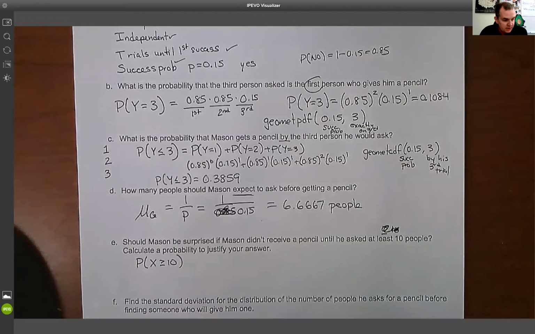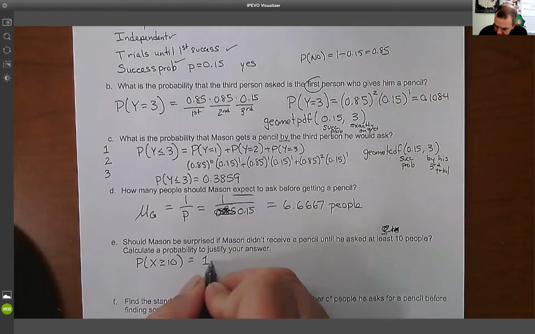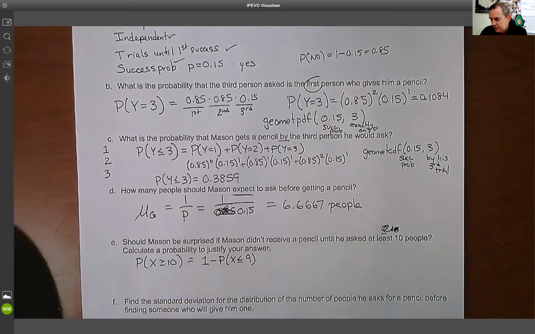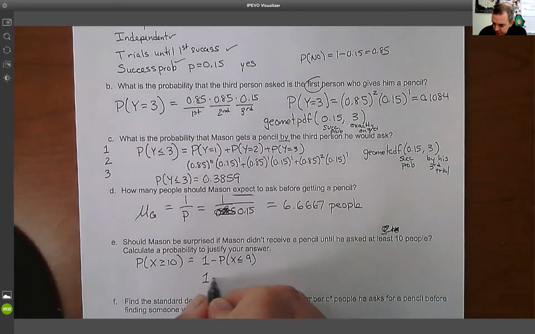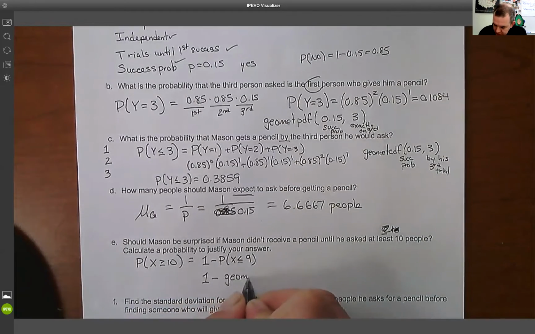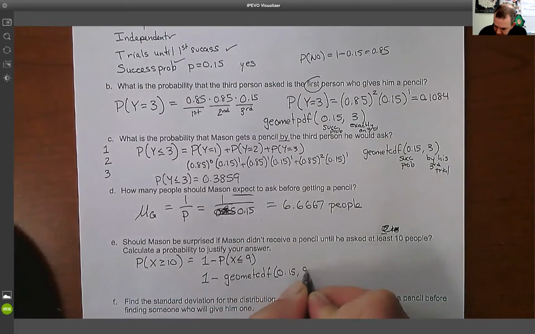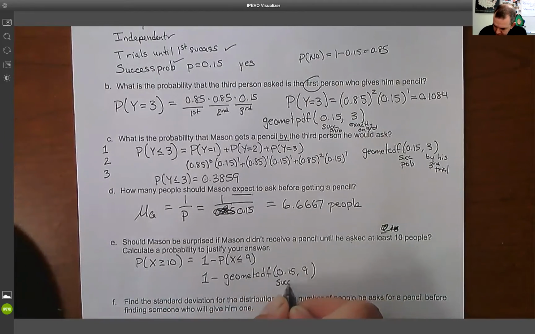So really what I need to do is say 1 minus the probability that he gets it on the ninth person or earlier. So in this case, this is going to be 1 minus geometric CDF of 0.15, comma 9. Again, 0.15 is my success probability.